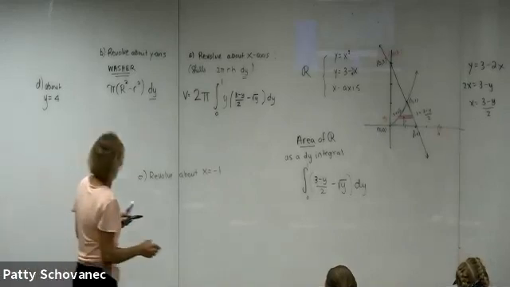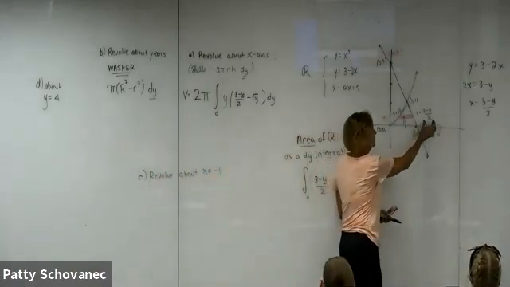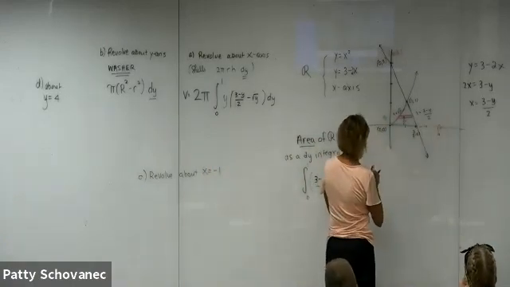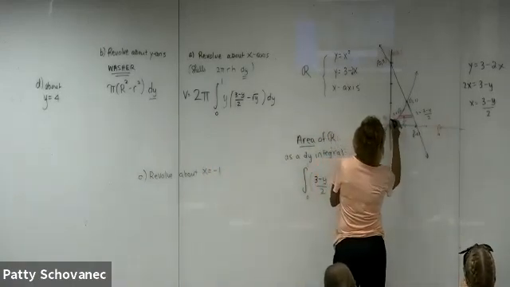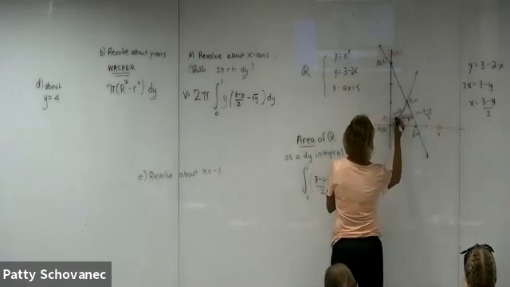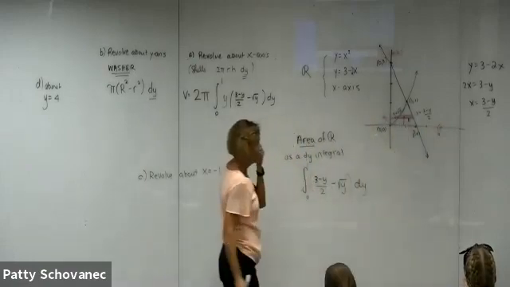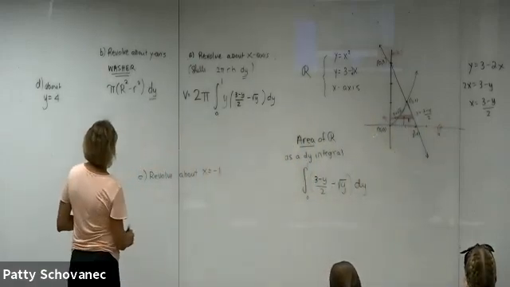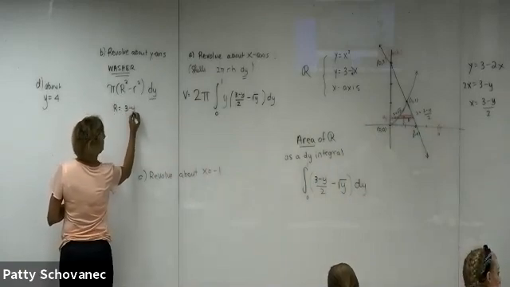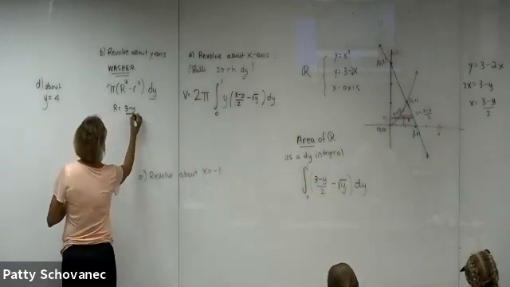And so do you agree that this is big R? 3 minus y over 2? Going from here to here. And then little r is going to be the square root of y. Okay. Big R is 3 minus y over 2.